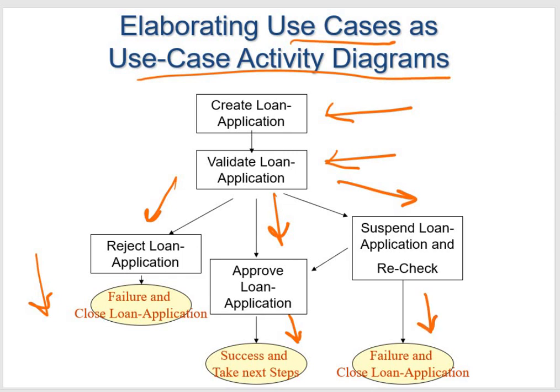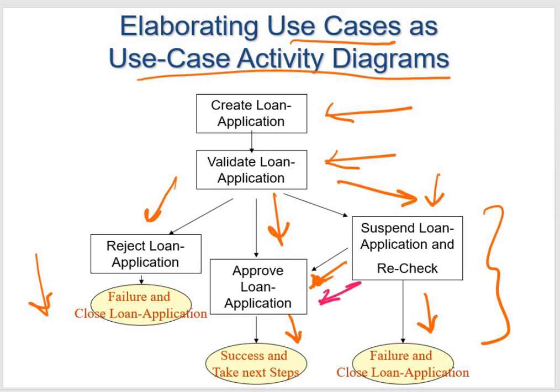So what we have is create loan application, validate loan application. In this case either I'll reject and it would be a failure and a closure, or else I'll approve and take the next step, or else I'll suspend and recheck. Once again I'm reaching the failure, and from here I can move to this part as well.